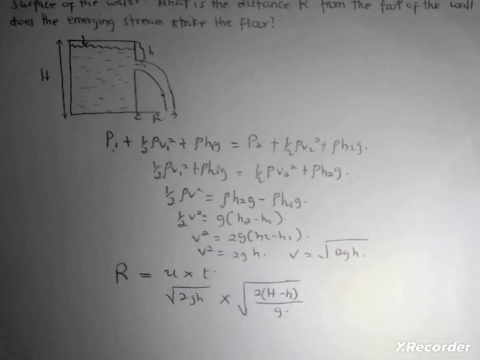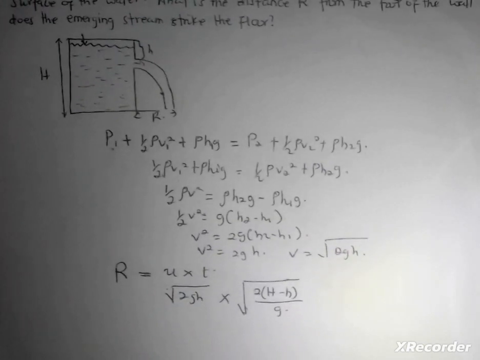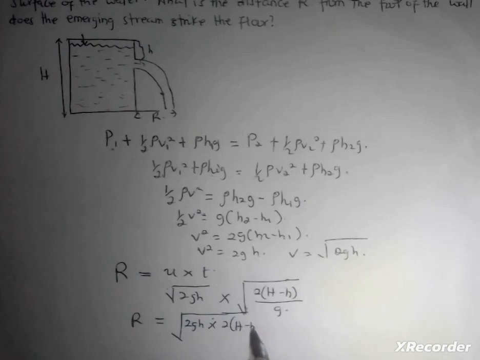So once you have this, you are supposed to simplify this expression, and what are you going to be left with? So our r will be, once you have this, you can open up a very big square root and multiply everything here. So I'll have a bigger square root, 2gh, multiplying 2 open bracket H minus h all over g.